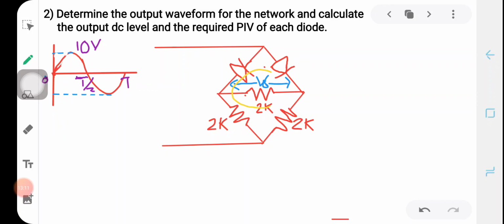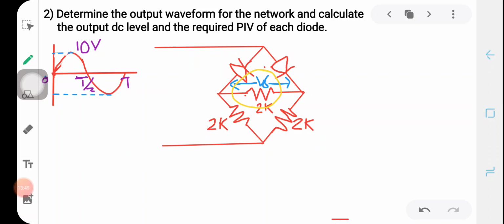Two diodes are connected here. Since nothing is specified in regard to the diodes, we can take them to be ideal, which means the internal resistance of the diode is 0 and the knee voltage is also 0. So it becomes more simple.